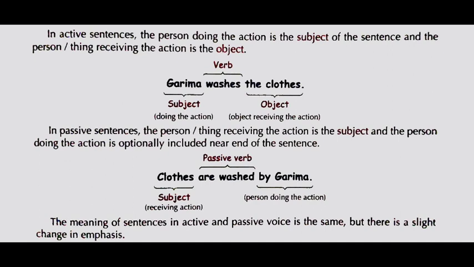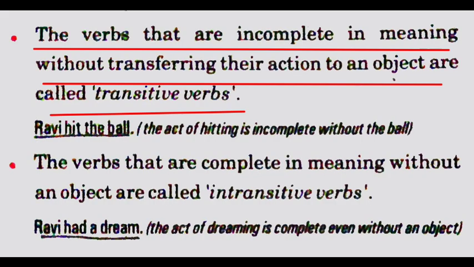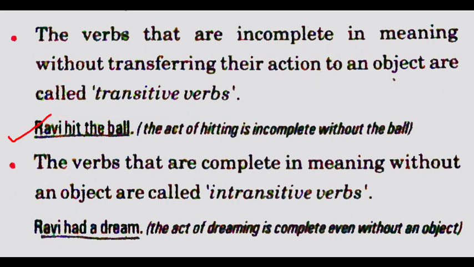Okay. Now students, before continuing with active and passive voice, I want to tell you something about transitive and intransitive verb. A transitive verb means that the verb is incomplete in meaning without transferring the action to an object. For example, Ravi hit the ball.